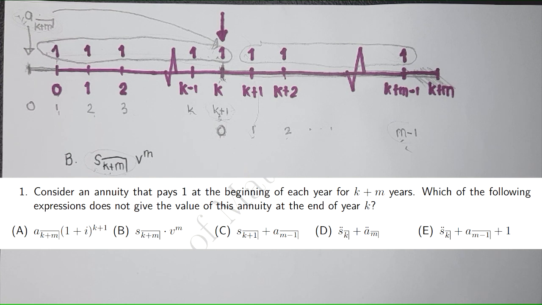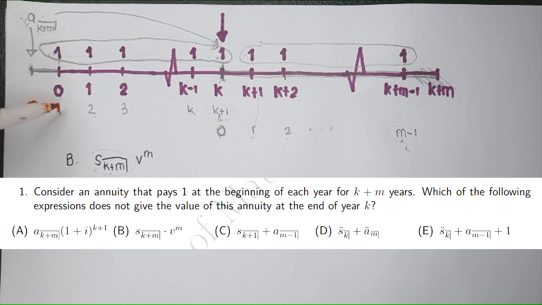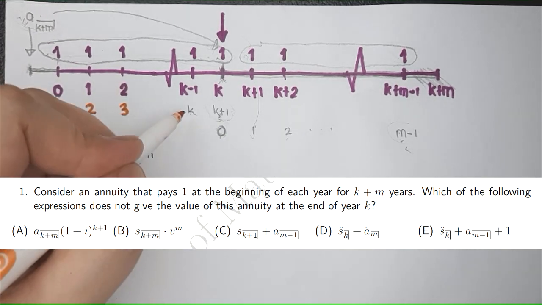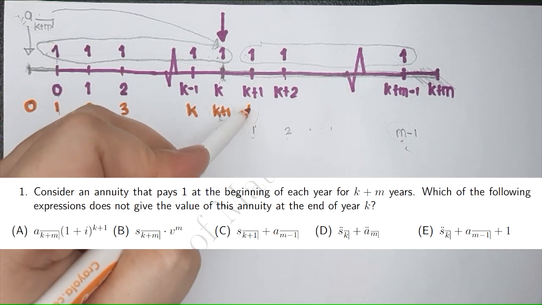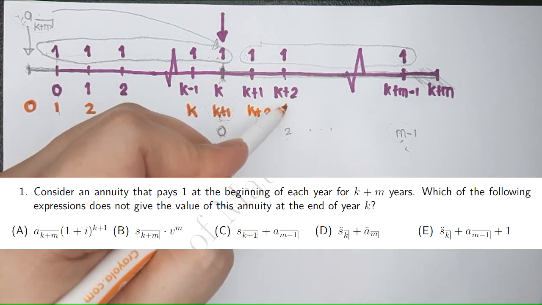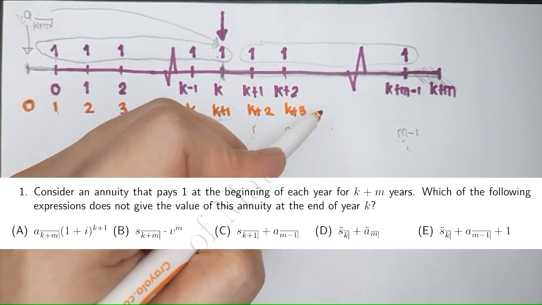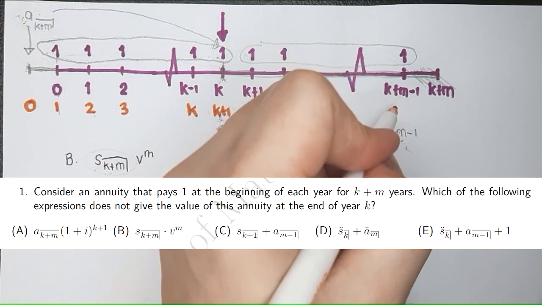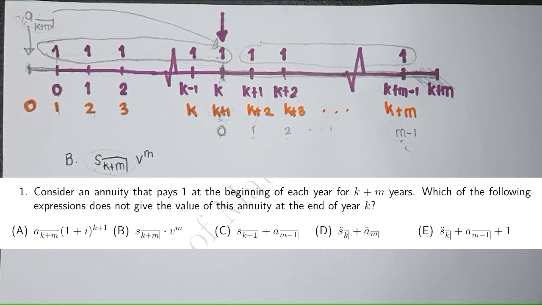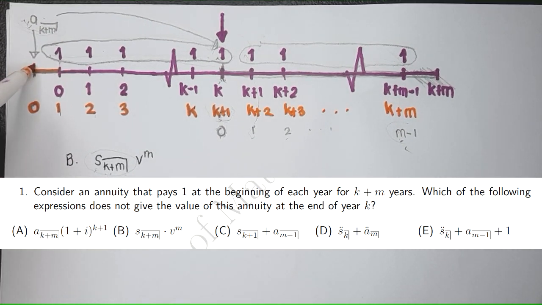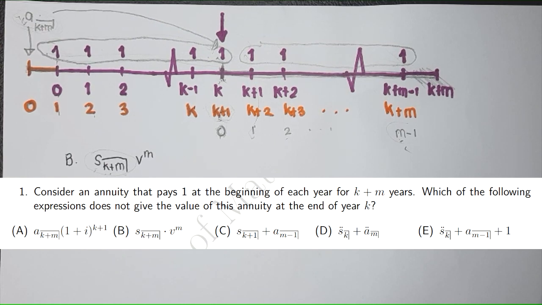Okay, so let me relabel the time diagram. Ito yung 0, ito yung 1, ito yung 2, 3, ito yung K, this is K plus 1, K plus 2, this one is K plus 3, dot, dot, dot, ito ay K plus M. Nag-relabel tayo kasi kinonsider natin ito. In-adjust natin yung time diagram para magmukha siyang annuity immediate.